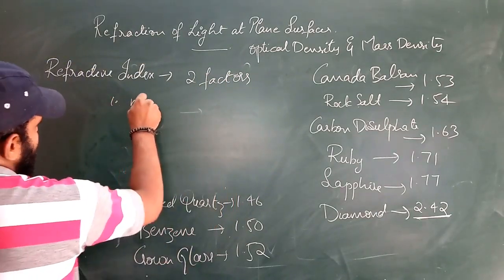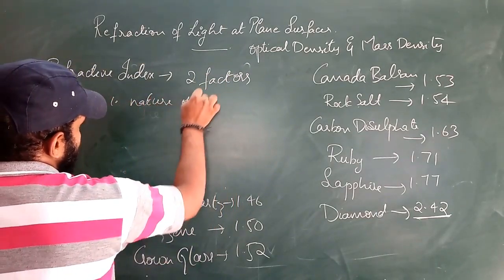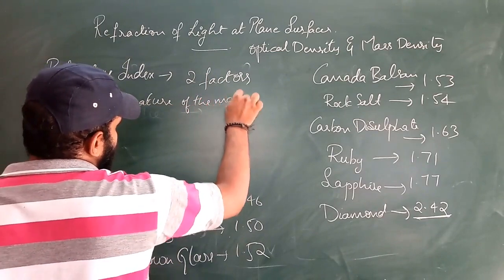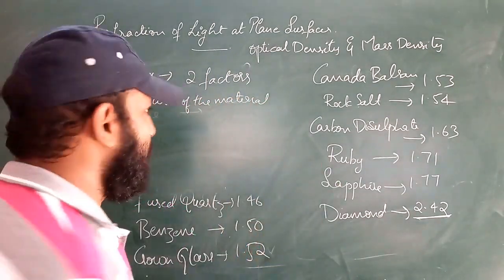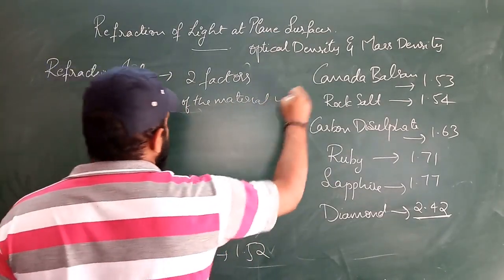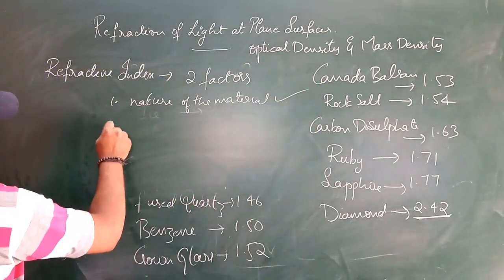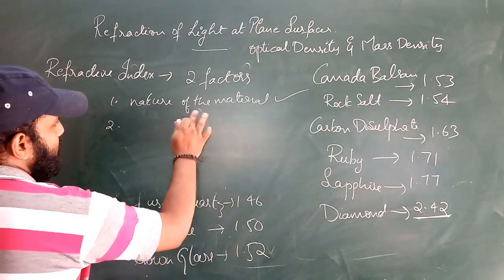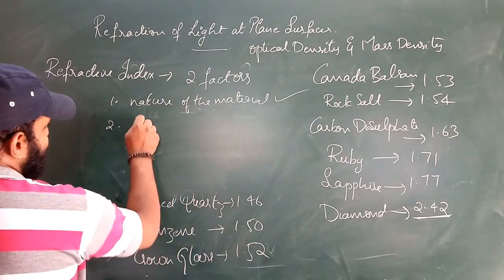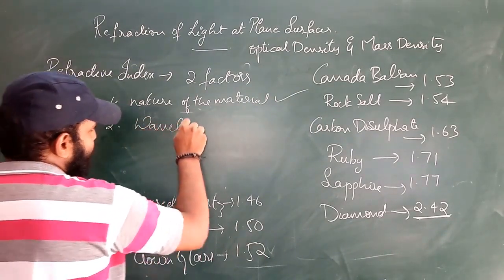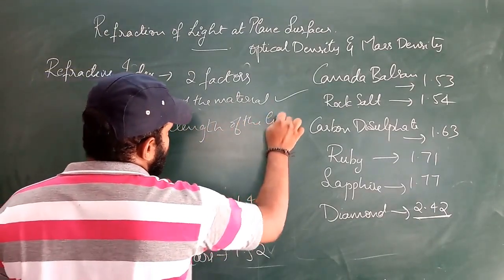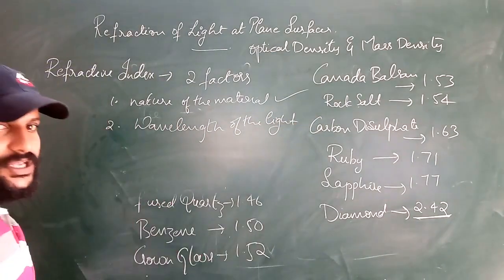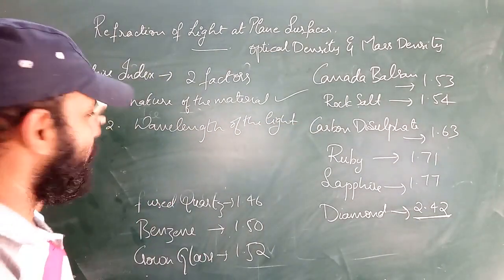First one is nature of the material. Different materials will have different nature. The second one is wavelength of the light. Based on these two factors only, refractive index depends.